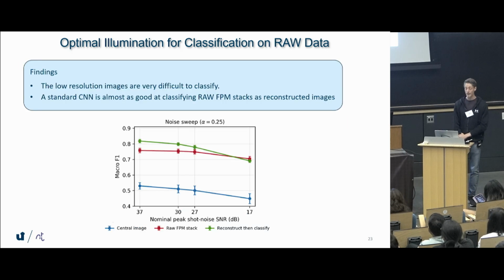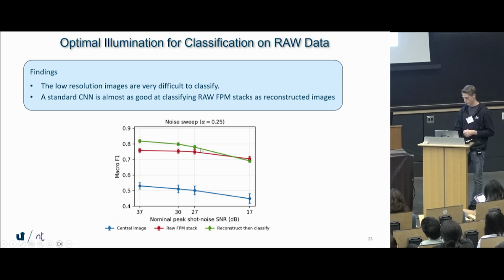So our findings, doing some experiments on this, were that, as we anticipated, just the central illumination, so the low resolution image, is often not enough to do this classification. This basically shows classification accuracy in terms of F1 score versus different simulations of how good the SNR of the system is. And the blue curve here is just using the central LED, so this is not very good.